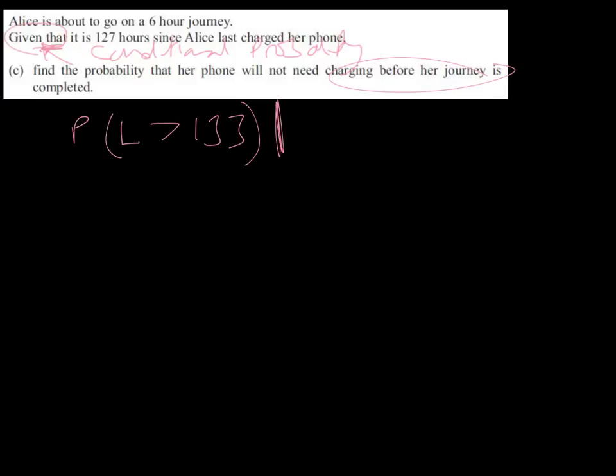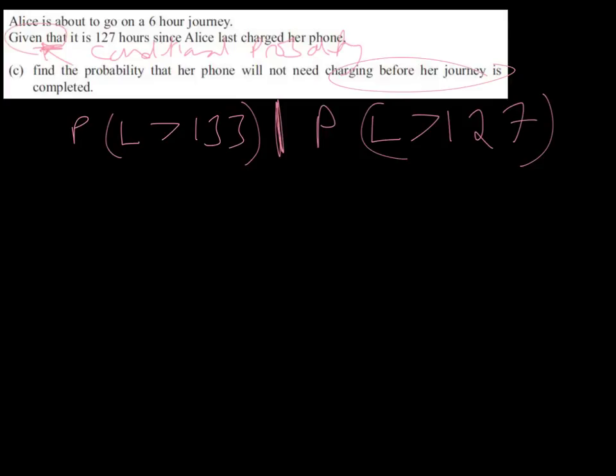So we're trying to find the probability that L is greater than 133, given that it is 127 hours since Alice last charged her phone. So essentially, we're working out the probability that L is greater than 133, given that it has already lasted 127 hours.